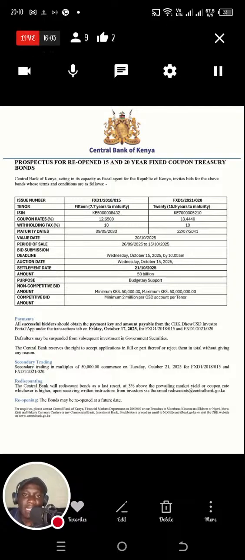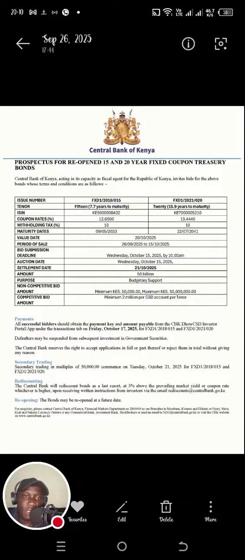But you can see that the time to maturity now is around 15.9 years. The reason is that the bond was issued in 2021, we are in 2025, so around 4 years have elapsed. So 20 years minus 4 years, that's why we have 15.9 years. I hope you understand the maturity of the bond.